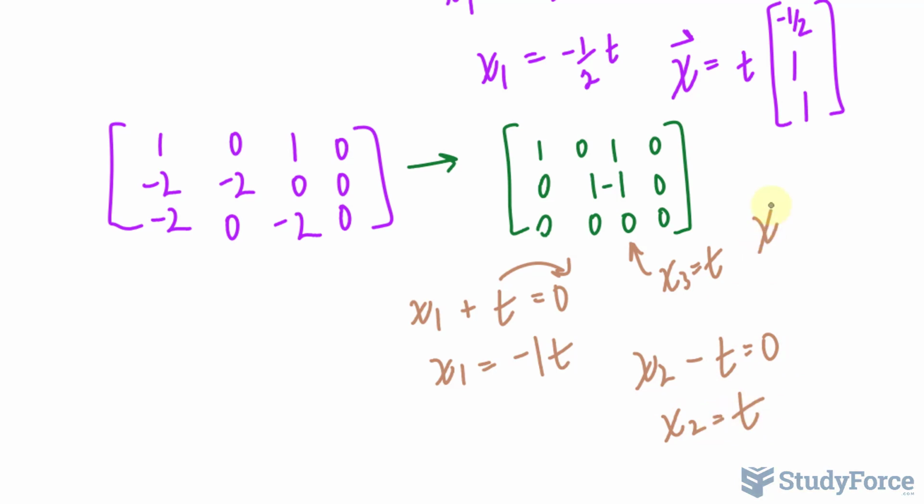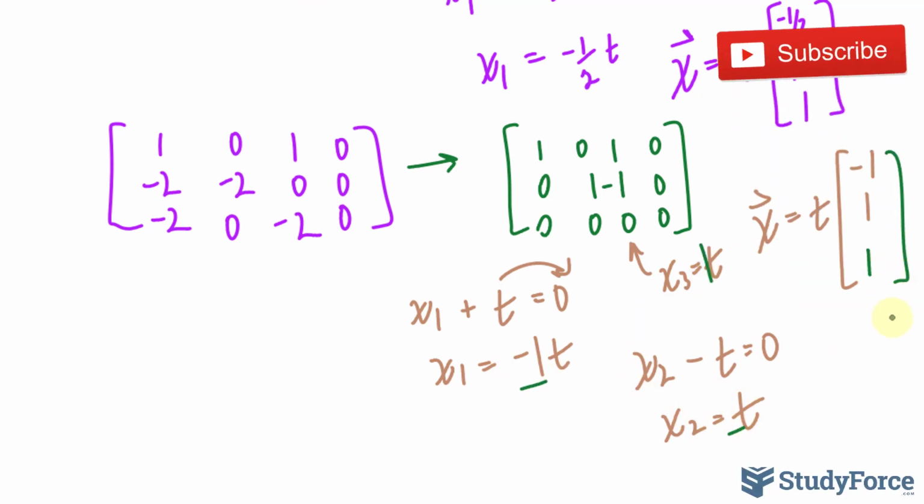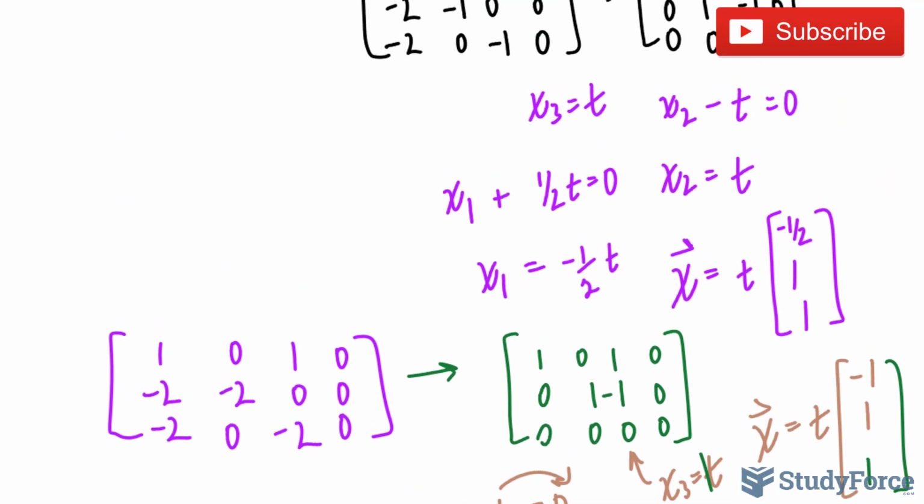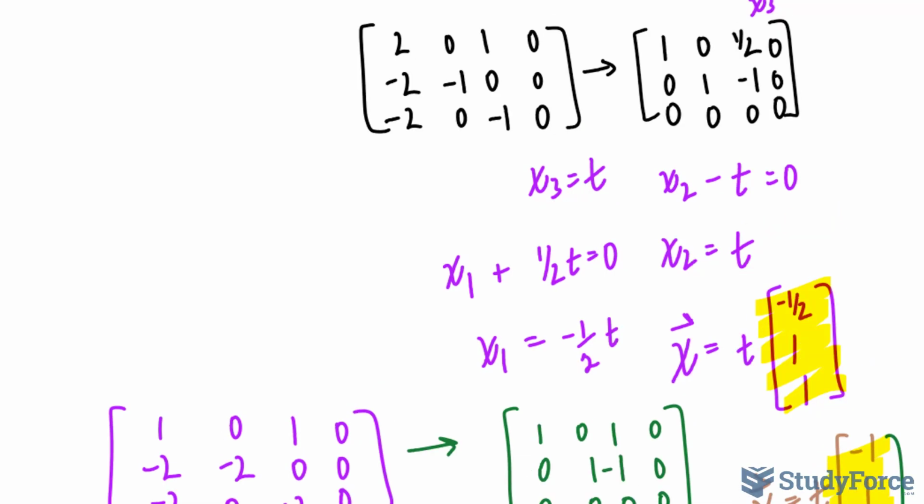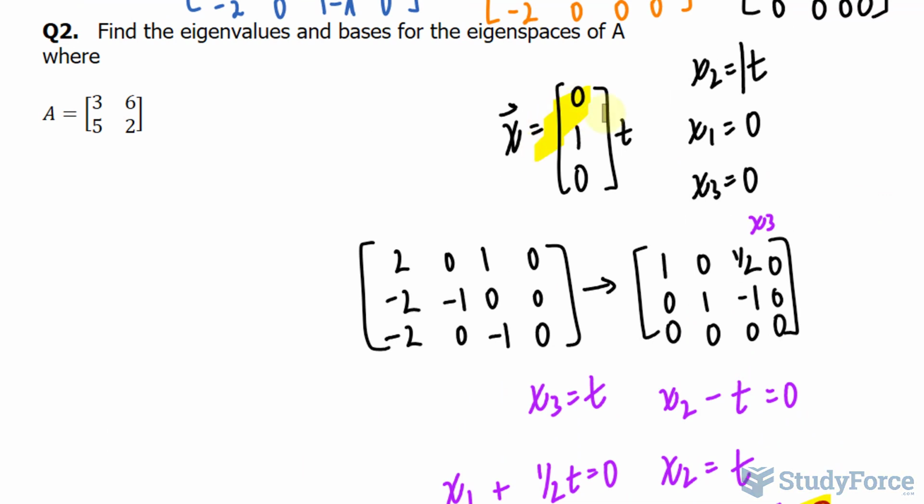And so our solution vector will be the following. Negative 1, 1, 1. I'm taking those from here, here, and this one is 1. We have 3 column vectors. Now I'll highlight them. This one, and that one.